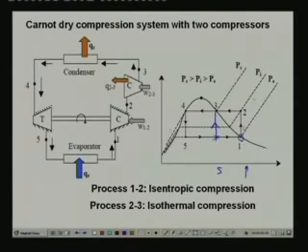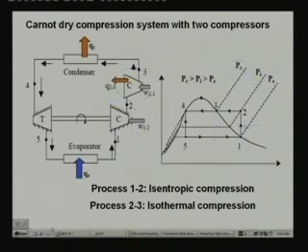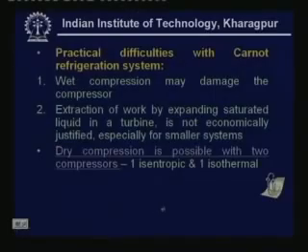But you have to achieve the compression process, so now you have to add another compressor. That means the compression process is split into two parts. Process 1 to 2 is an isentropic compression from evaporator pressure PE to an intermediate pressure PI, and process 2 to 3 is isothermal compression from intermediate pressure PI to condenser pressure PC. Okay, so by using two compressors instead of one compressor, you can eliminate the problem of wet compression.